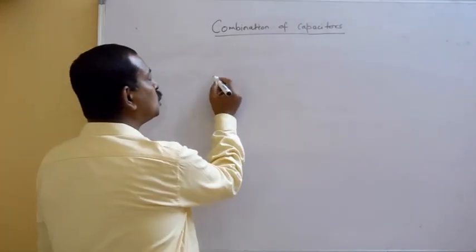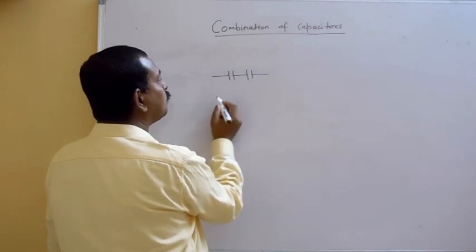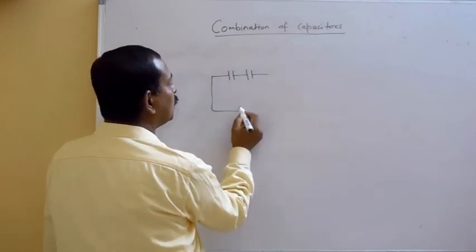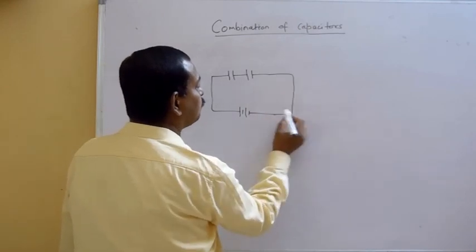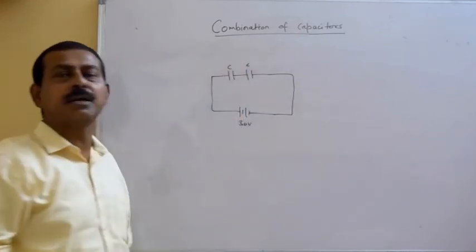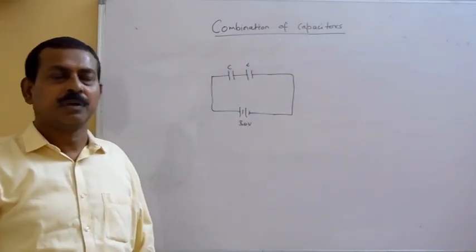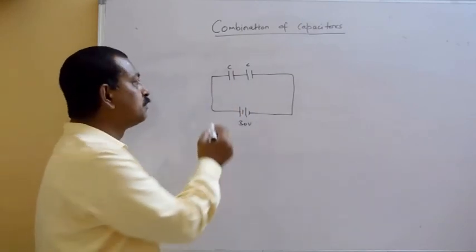Suppose we have got two capacitors connected to a 30 volt supply. These are two identical capacitors. So potential difference across each will be 15 volt.